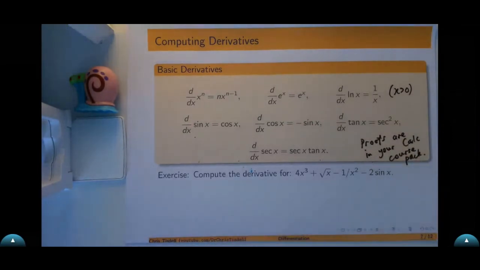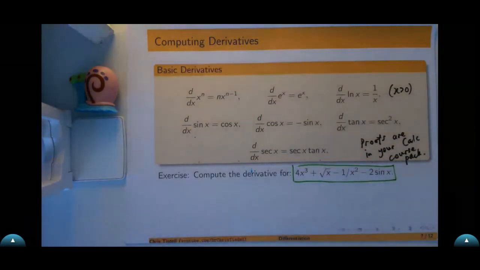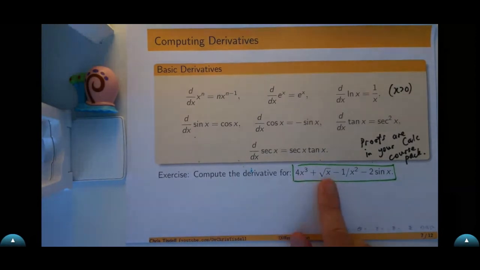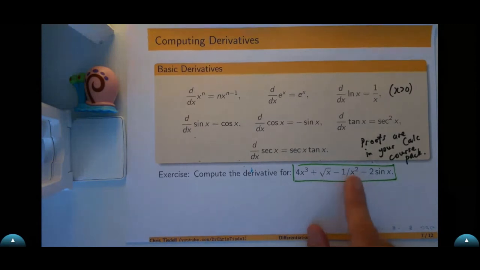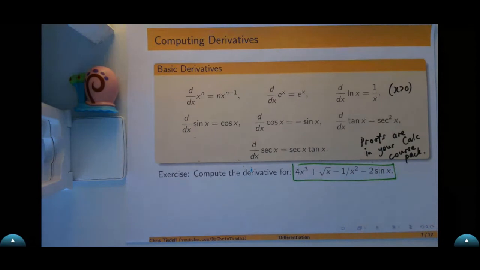But let's see how it works with a simple example. We want to differentiate this function here. Here's a power function. This also can be written as a power function, x to the 1/2. Another power function, x to the -2, and a trig function.